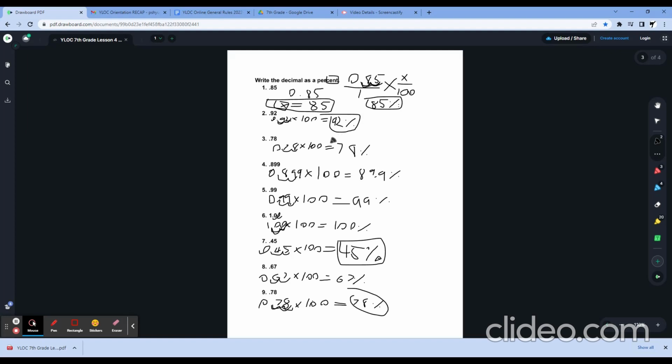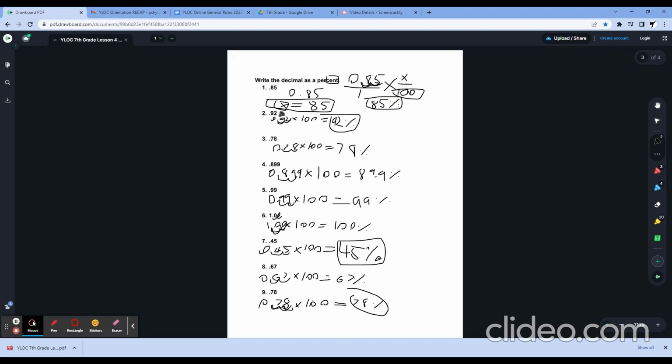So let's go over one more. Number 2. We actually don't need to set everything as a proportion, because when cross multiplying, we know 1 times x is always going to be equal to x. And we also know that the value we are multiplying our decimal by to give a percent is always going to be 100.